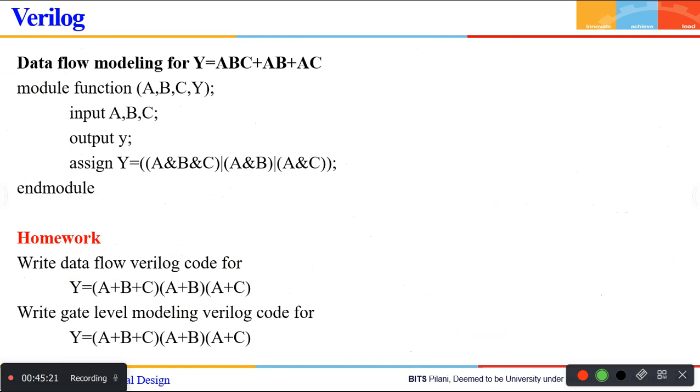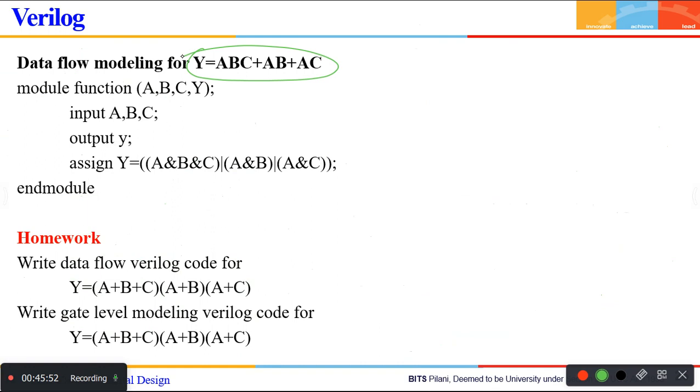To implement a Boolean function, you can implement any Boolean function using Verilog. If I ask you to implement this Boolean function using Verilog, you can choose any one of the models and write the program. Now you can choose a data flow model here. Suppose you are using the data flow model, how do you write?